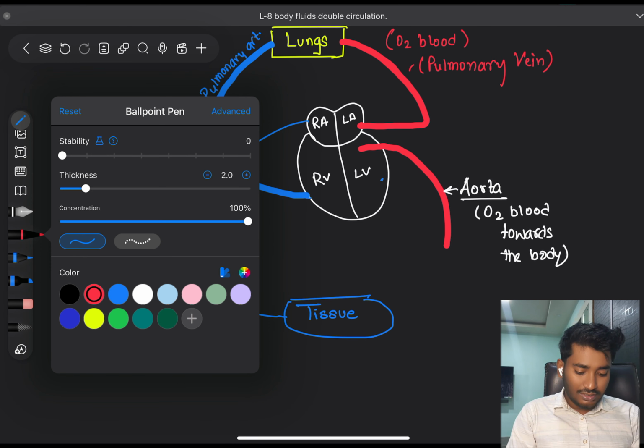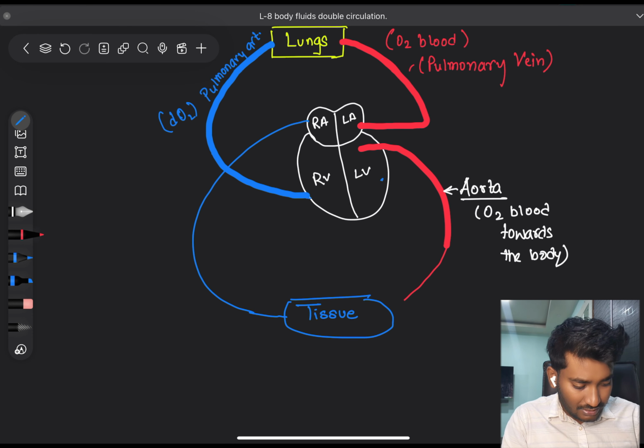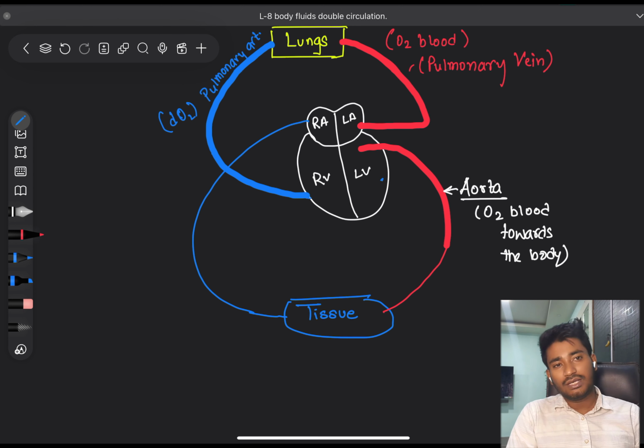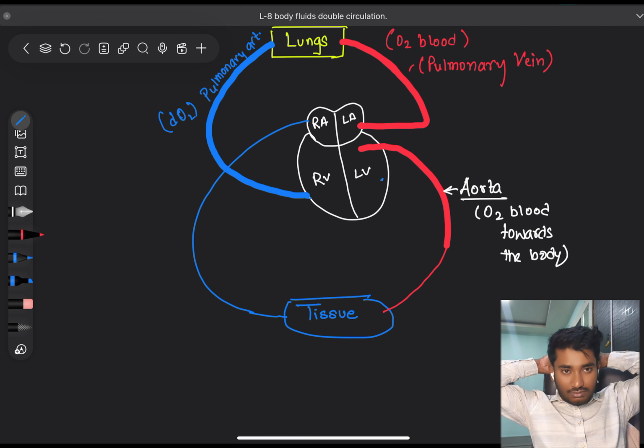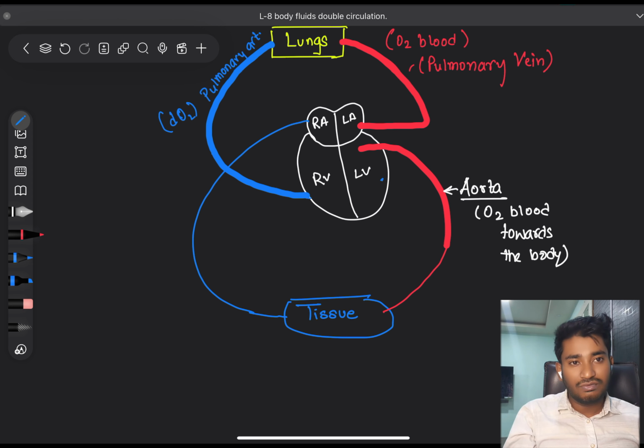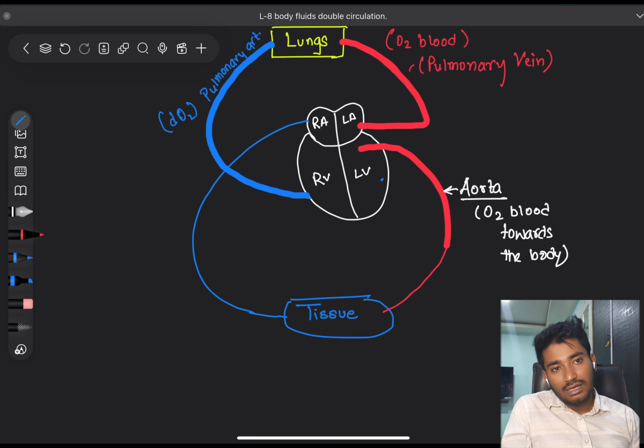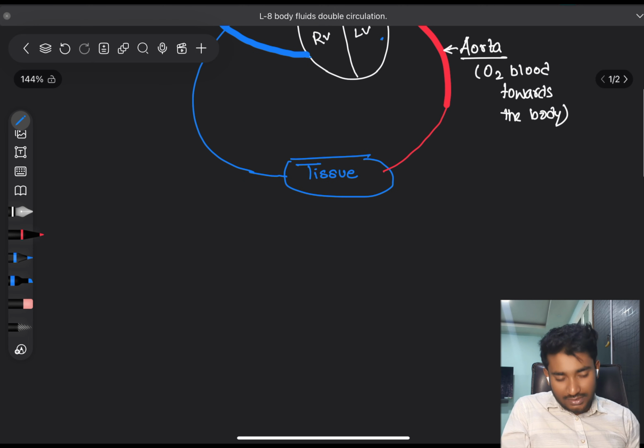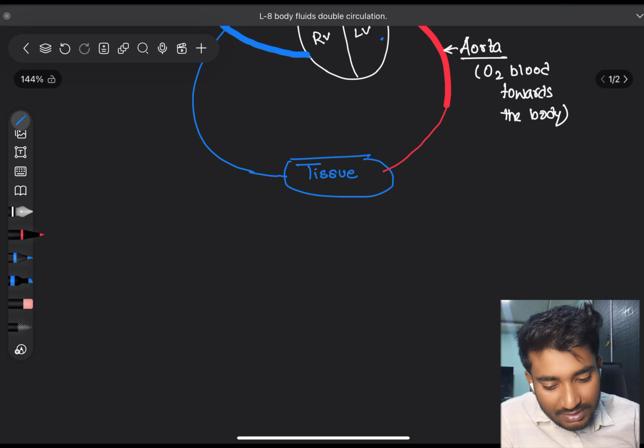The tissues get oxygenated blood from the aorta and the aortic branches, the arteries, and the tissue breathes out carbon dioxide, which is diffused into the capillaries to the veins, and the veins take it to the right atrium of the heart. Now this is the double circulation.